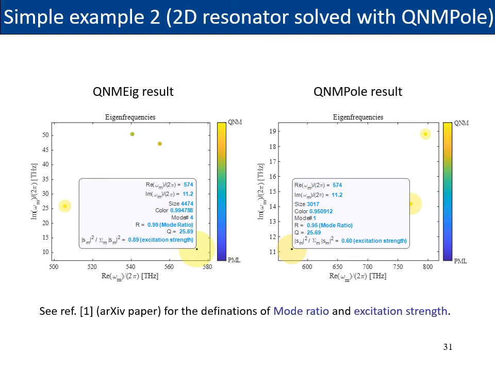And the definition of these two values for the QMX solver is different from the QM pole solver, and that explains why the values returned by these two solvers are different. For the exact definition of this mode ratio and the excitation strength, you can refer to our reference of this archive paper.